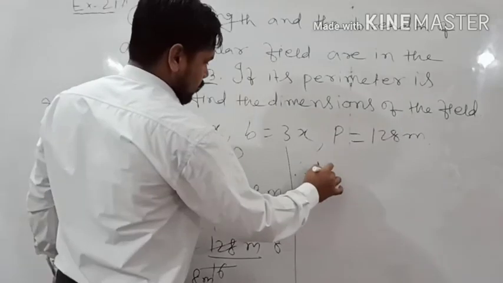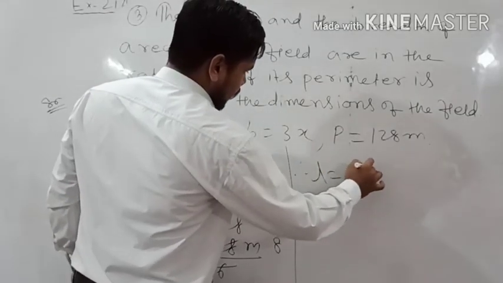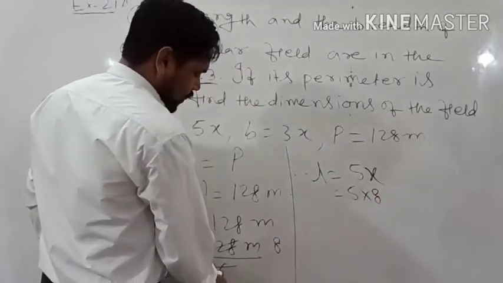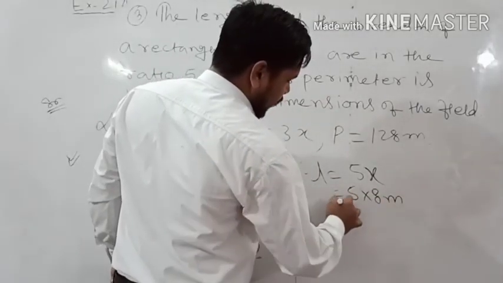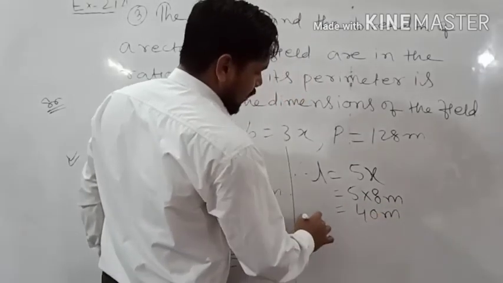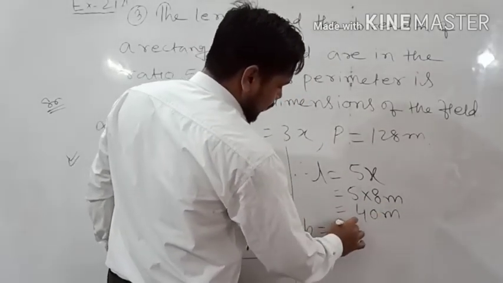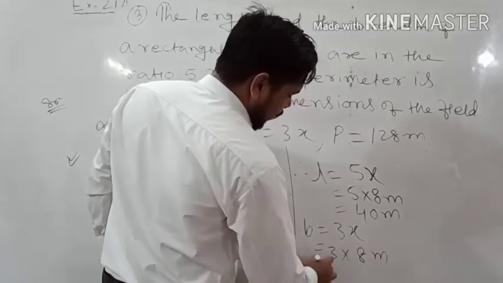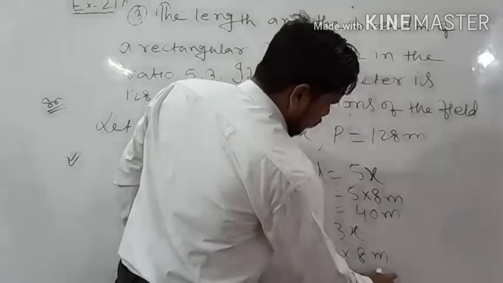The length will be 5x, so 5 into 8 meter, which means 40 meter. So 40 meter will be L, and breadth is 3x, 3 into 8 meter, which means 24 meter.